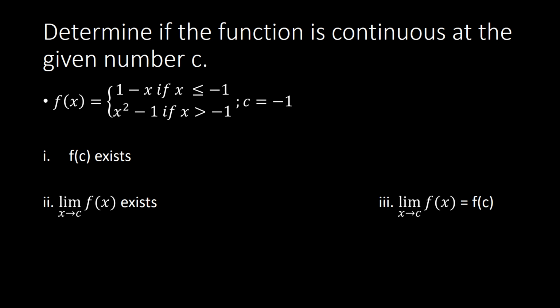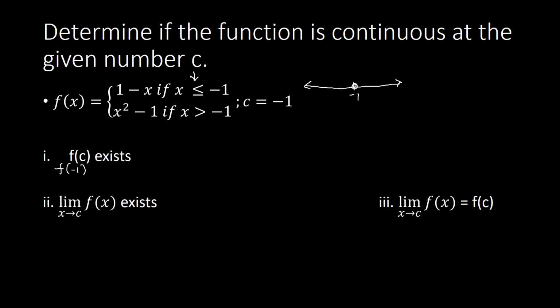If f of c exists, we have f of negative 1. Choosing between the two functions as to where negative 1 satisfies the domain, drawing our number line on the first function, we have our basis as negative 1. The symbol is pointing to the left, and we have the equal symbol as well.